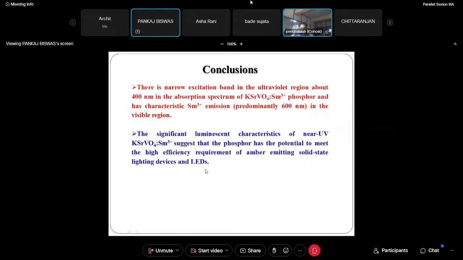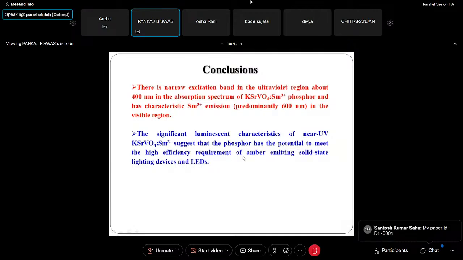From the studies, we draw the conclusion that the narrow excitation band in the UV region, about 400 nanometer in the absorption spectrum of this title phosphor, can be predominantly used for getting the characteristic samarium emissions about 600 nanometer, which is in the visible region. This suggests that the phosphor has the potential to meet the high efficiency requirement of filling that amber gap, which was found by Miller and Mark in their paper.